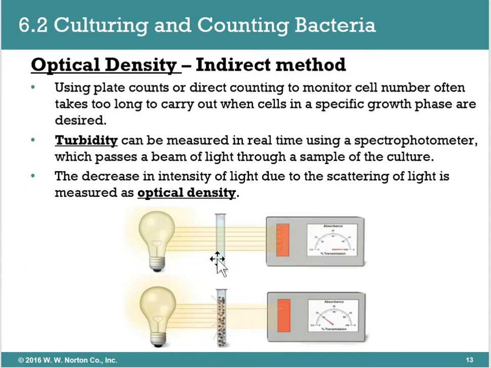Turbidity has to do with how much light can pass through the sample. Okay, so that's a method of indirect counting. It's kind of just like a scale, like 10 being the most thick and 1 being the least thick amount of culture. So it's not a true number, but it gives you an idea.